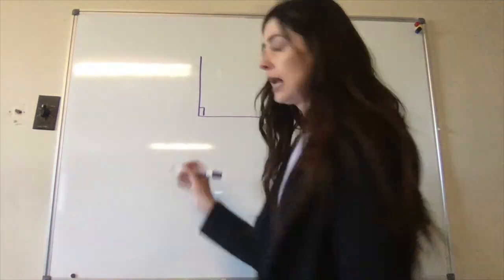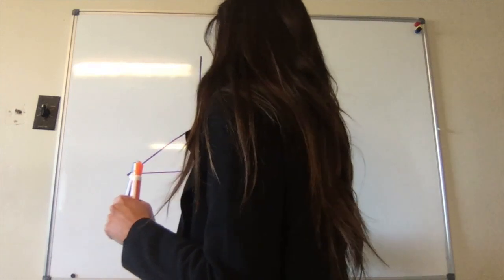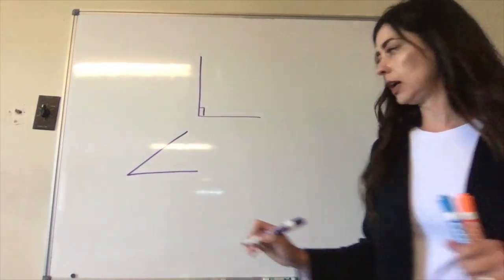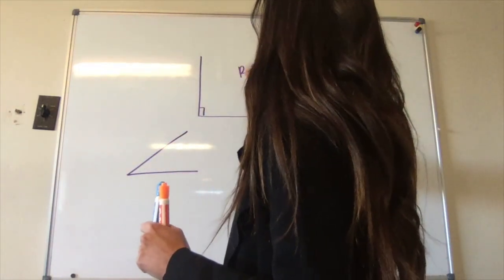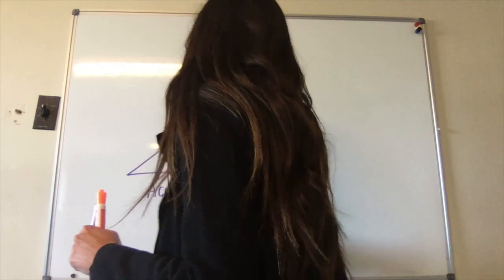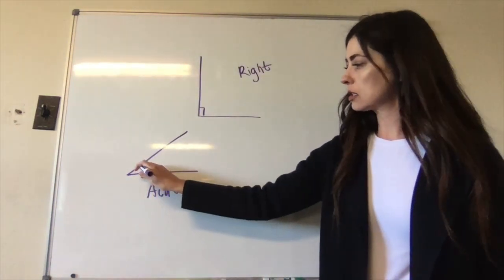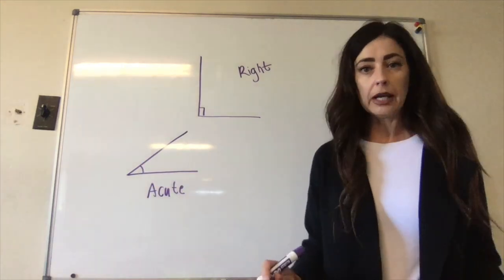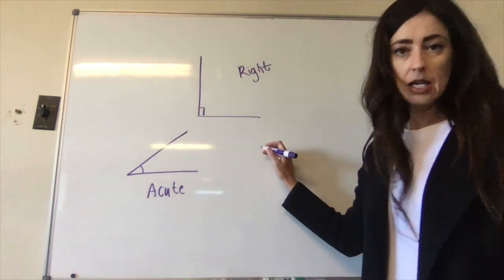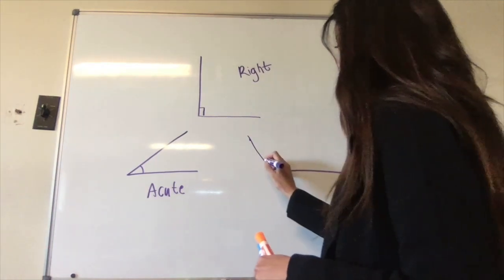Now, I remember I talked about 90 degrees. So an angle that is less than 90 degrees, we call an acute angle. So I should probably label these. So this is right, this is acute. So you see it's smaller, okay? It's not as large in its opening. And then the next type of angle that we're going to talk about is obtuse.